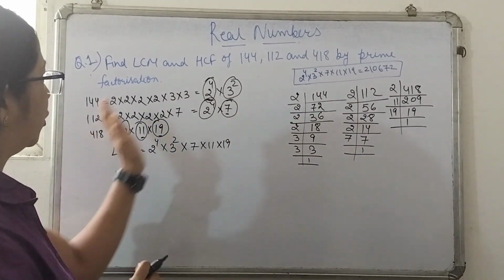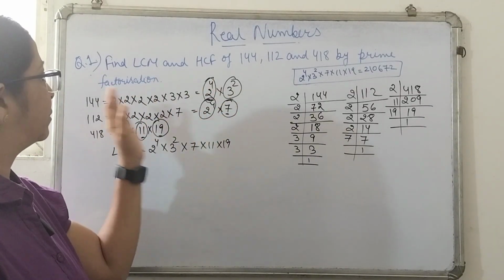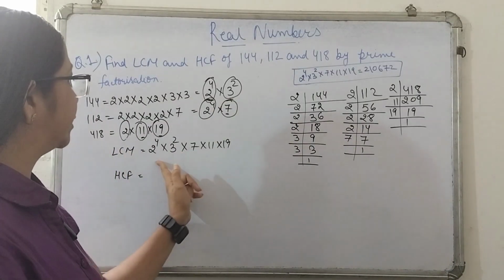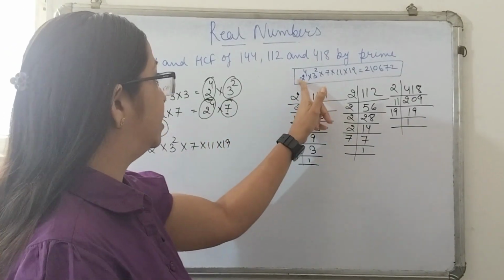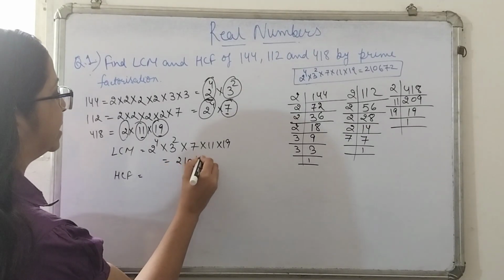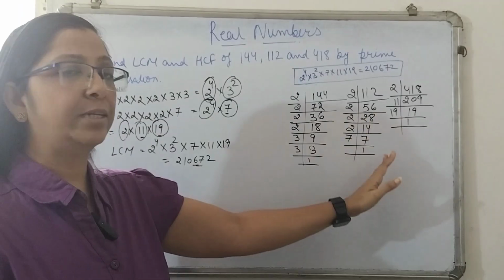So we multiply the highest powers of all the prime numbers coming in the factors. The product of all these numbers is 210672. That means this will be the LCM of these three numbers.